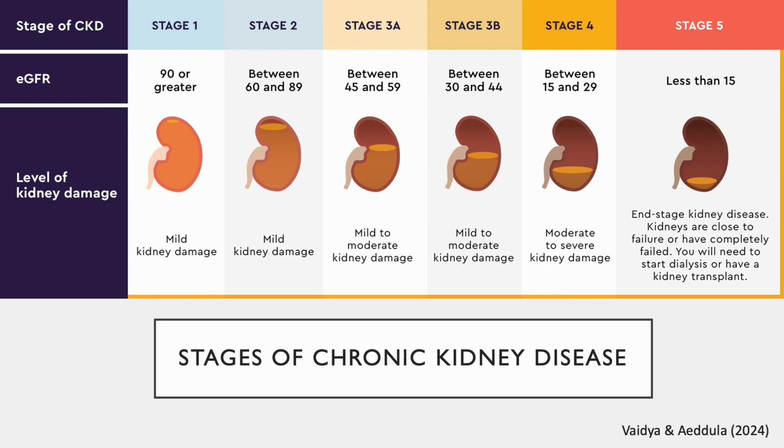As you can see, it ranges from mild kidney damage at stages 1 and 2, and then mild to moderate, and then from stage 4 it leads to moderate to severe kidney damage. For stage 5 we have end stage kidney disease, where the kidneys have completely failed, and at that point you will need to start dialysis or have a kidney transplant. Understanding these stages helps doctors monitor progression and plan treatment to slow down the disease.